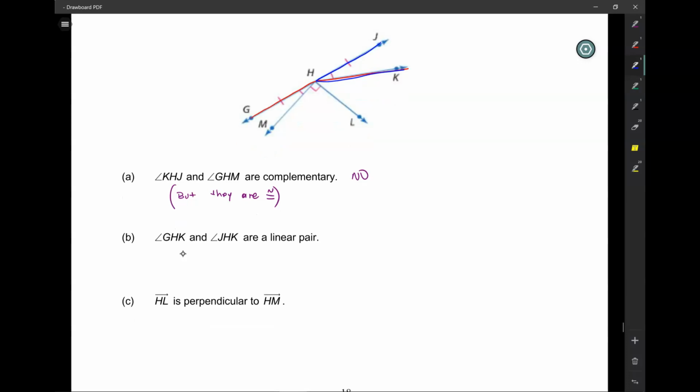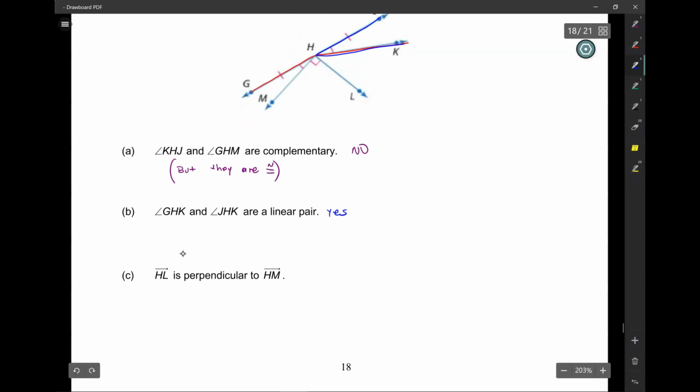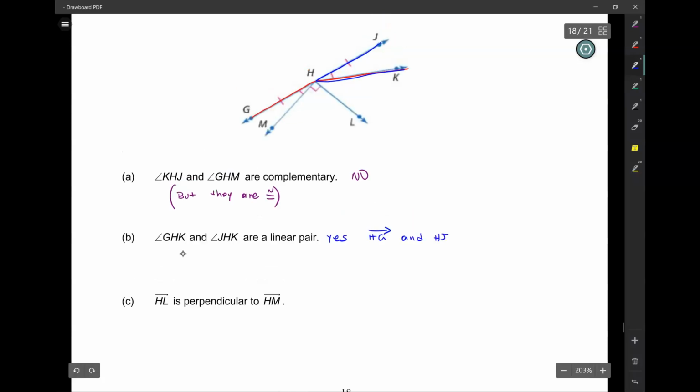So yes, because ray HG and ray HJ, I want to be consistent with the book, not say they form a straight line, but we're going to say they are opposite rays. Thanks for agreeing with me there, Jacob.